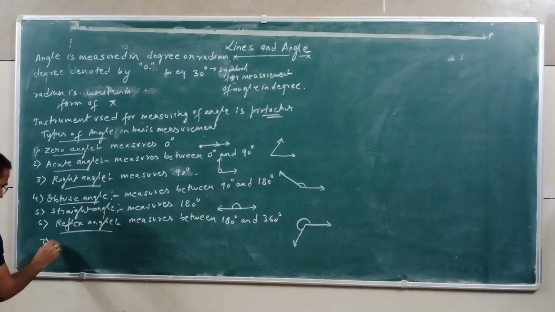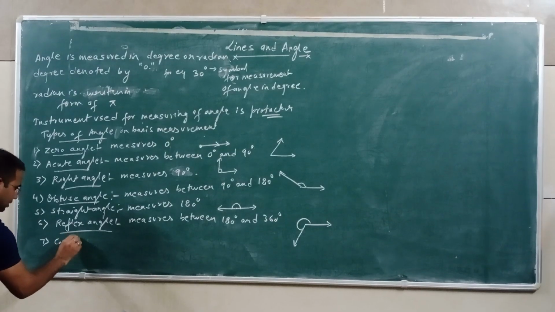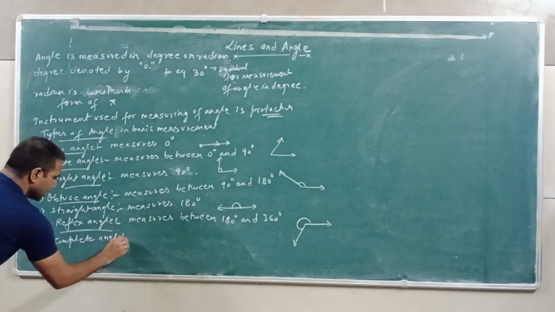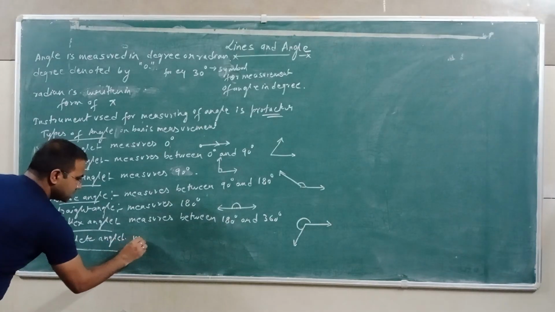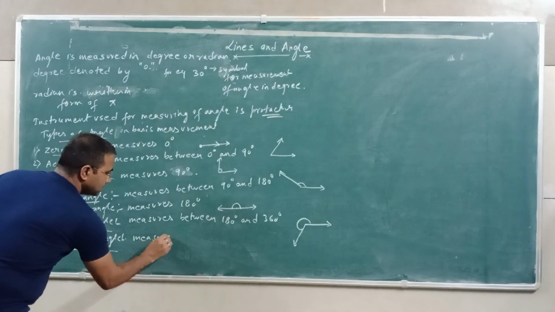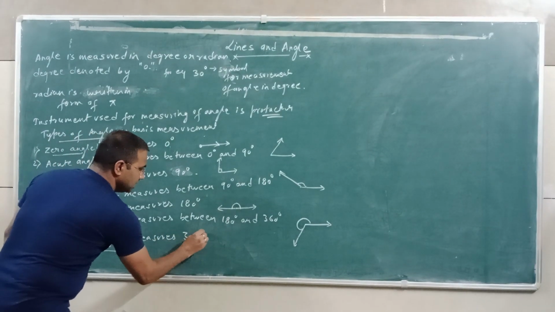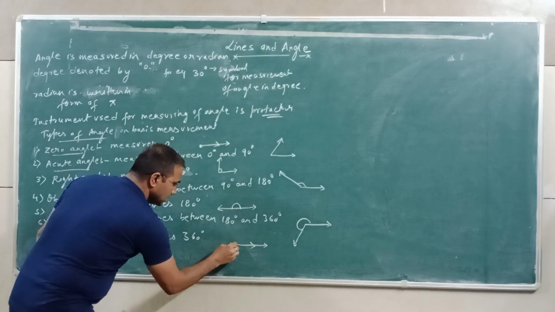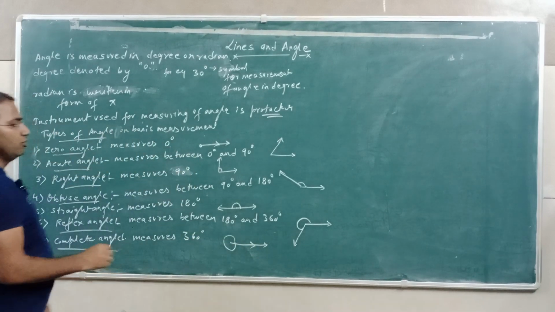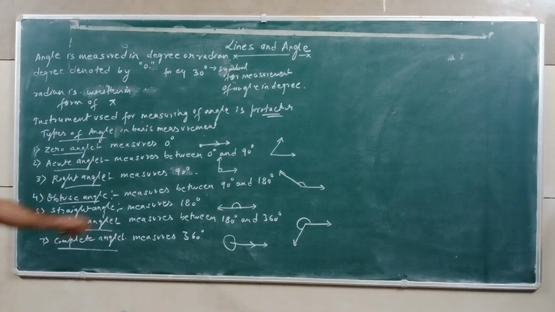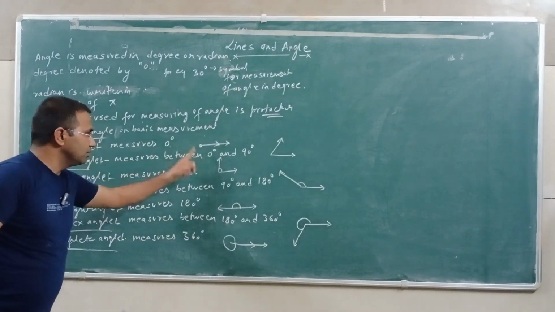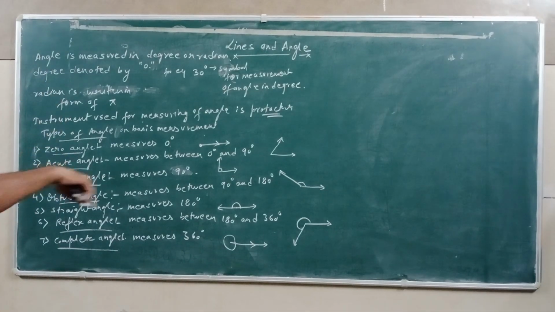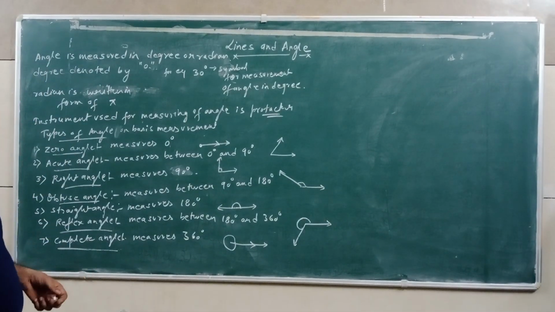Now seventh one, complete angle. Complete angle measures 360 degree, and it is denoted by a symbol where one circle will be there. Okay, see, they seem to be the same, but in the other there is only a dot, here there is a circle. The circle indicates one complete circle makes a 360 degree angle.